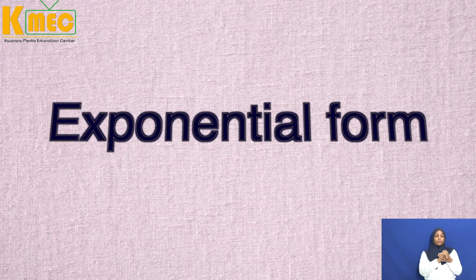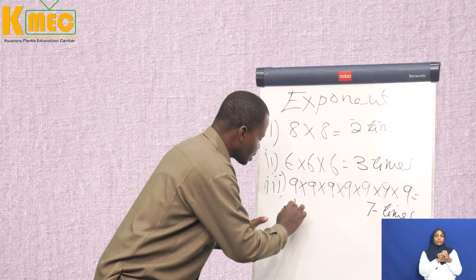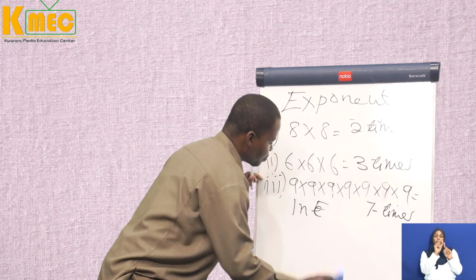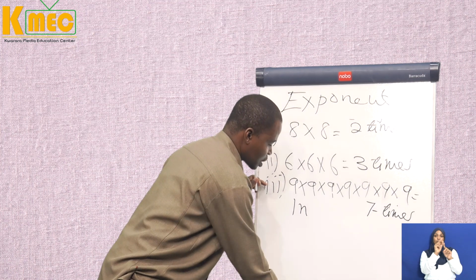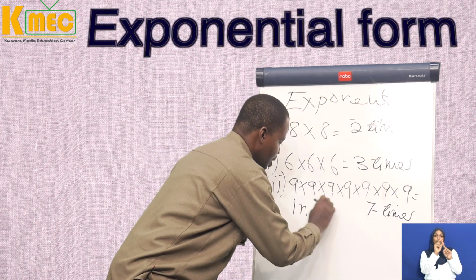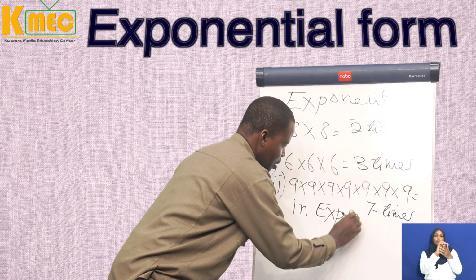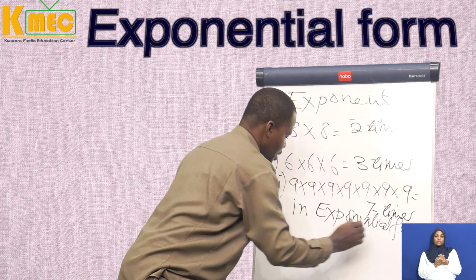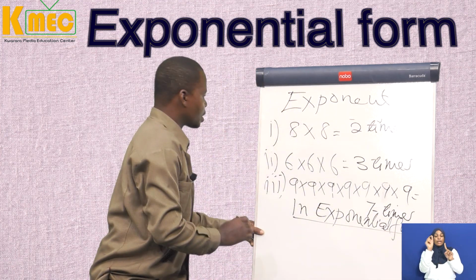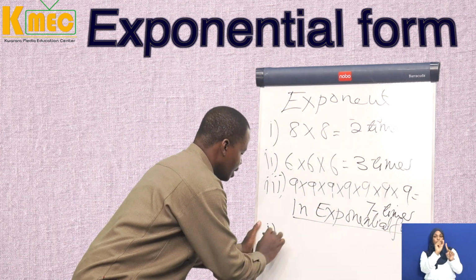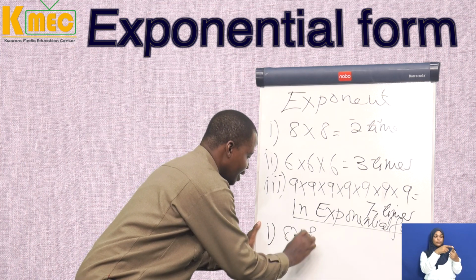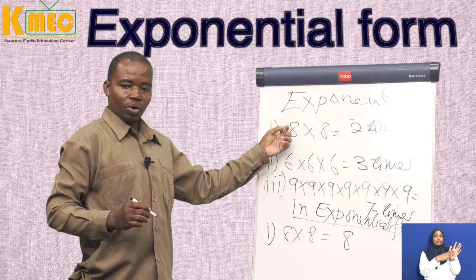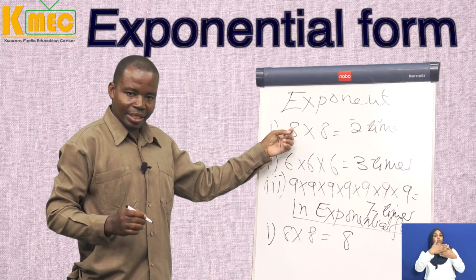Well, number 1, 8 times 8, is written as 8 because number 8 is being multiplied here by itself.